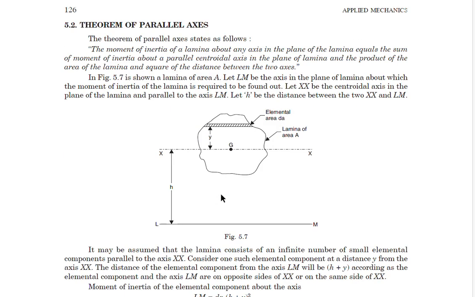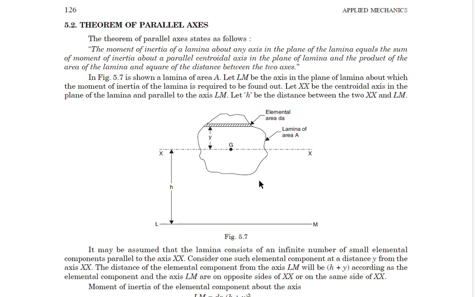So straight away coming on to figure 5.7 to explain this, we can say that if you have an arbitrary area shown over here, and you find out the moment of inertia by using the formula that we discussed before, this is basically the moment of inertia about the axis which is passing through its center of gravity.